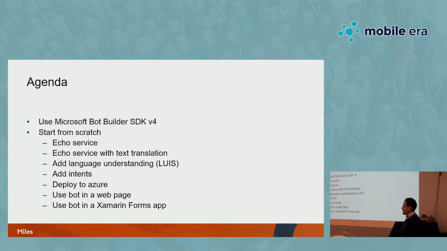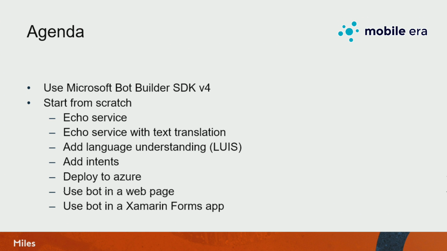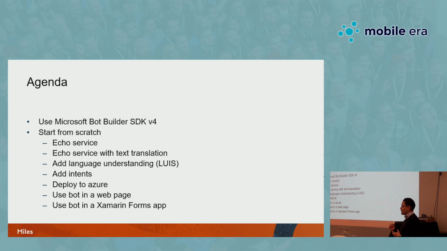So the first thing that we will actually get out of the box is an echo service. So if we type something into our chatbot, we will get that back. And maybe that's not so interesting, but at least that's a start, so we can start to reason how we would make this chatbot that can understand the language, understand what we are asking about, and return the result in our language.